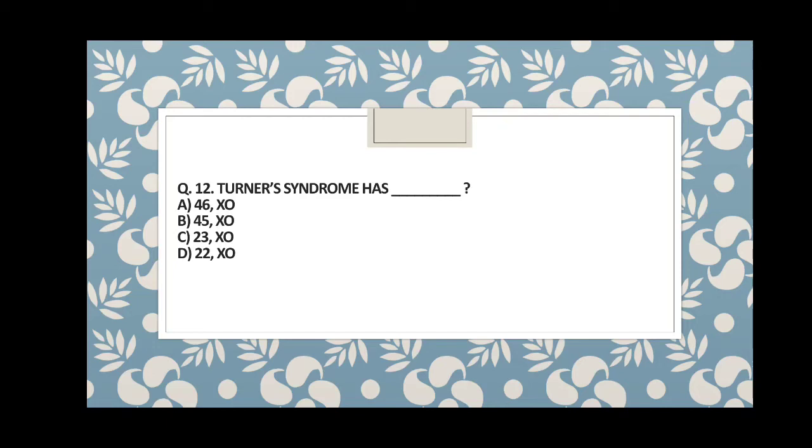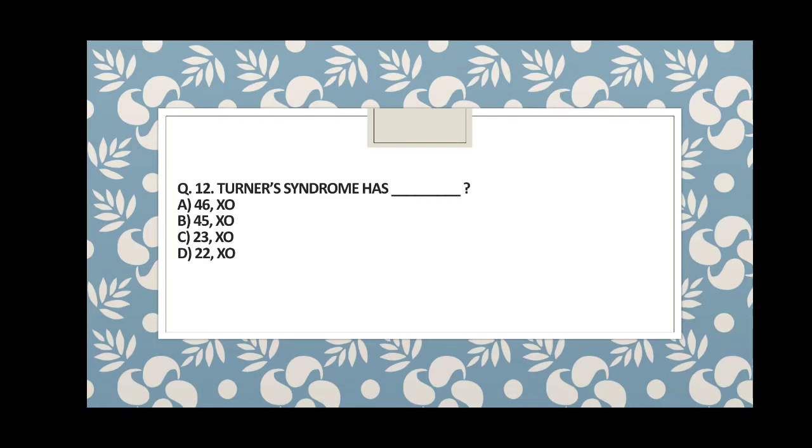First, you have to know how to write the autosomal and sex chromosome configuration in the genetic format. If you know the format, then you can hit the answer in 1 to 2 seconds.